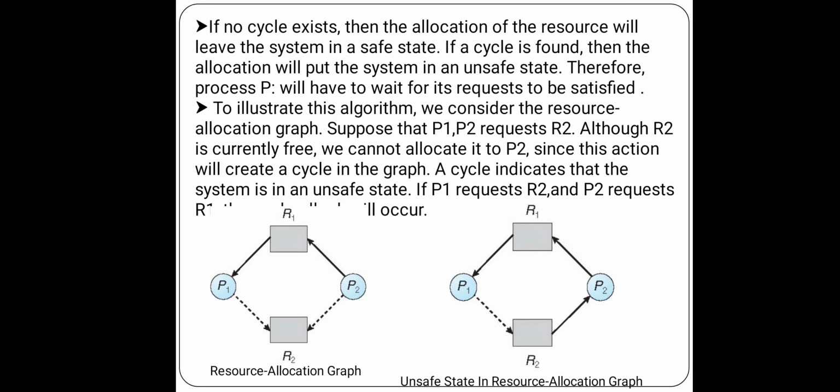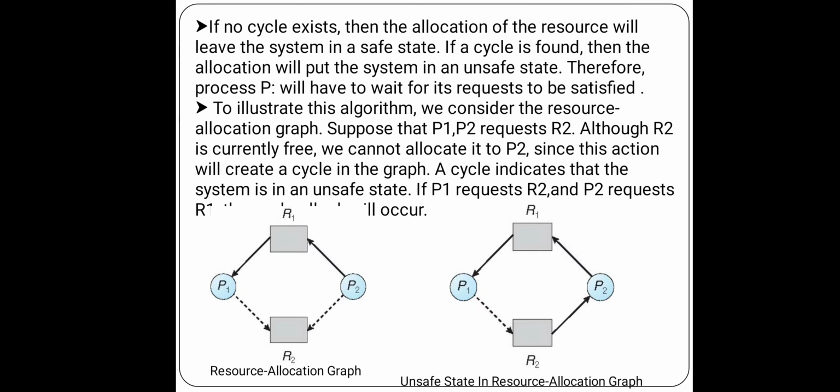We cannot say it cannot occur, it may or may not. If a cycle is found, then the allocation will put the system in an unsafe state. Therefore, process P will have to wait for its request to be satisfied.